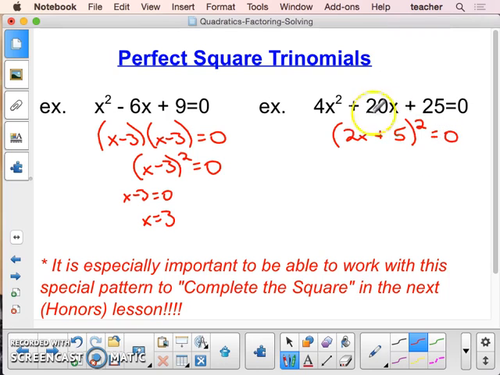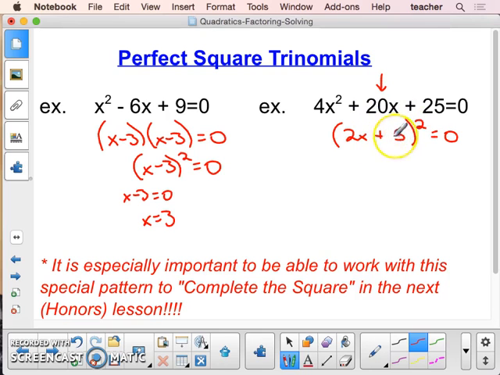And that's the special pattern. If you multiply these, 2x times 5, and double it, so you get 10x, you double it, that's 20x. It should give you this middle term. If it doesn't, you've done something wrong, or it's not a perfect square trinomial, which is possible.